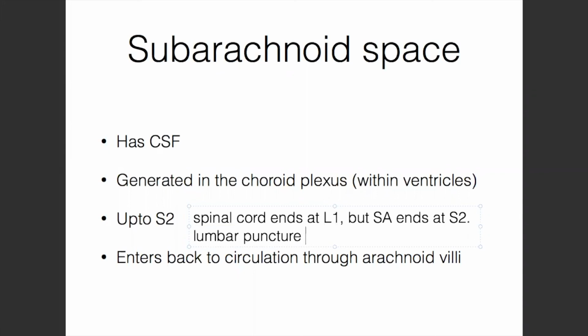So usually the location of a lumbar puncture is after the level of L1. What you do for lumbar puncture is insert a needle that's going to take out CSF from the subarachnoid space.